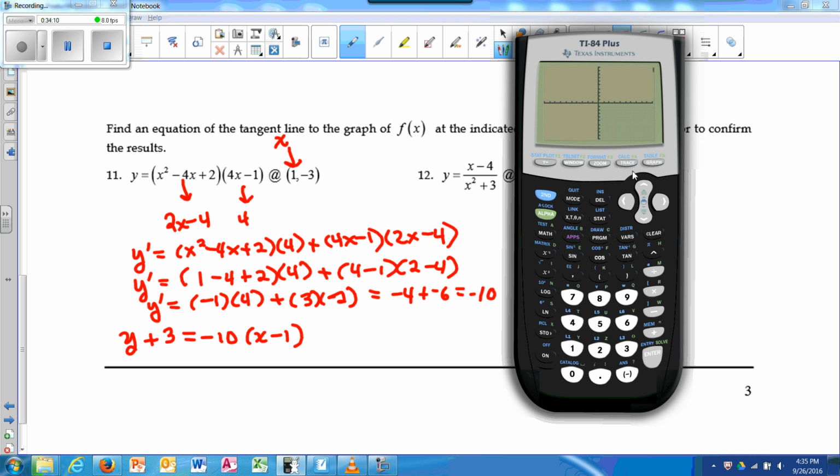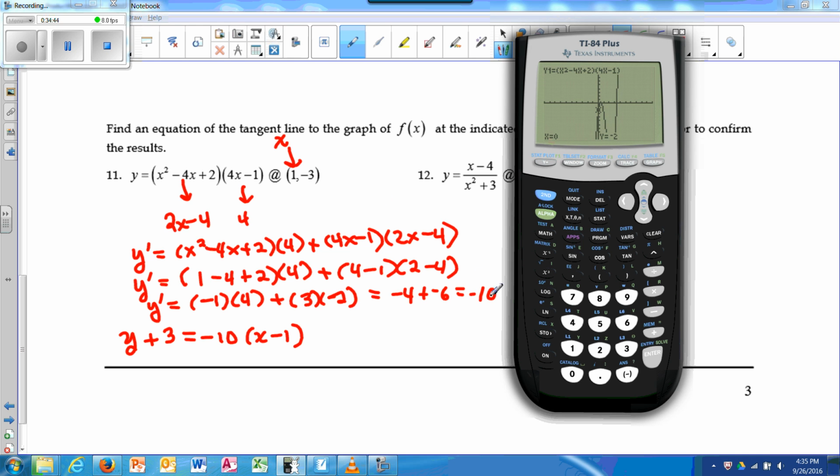So x squared minus 4x plus 2, 4x minus 1. So notice I've typed exactly what was on my paper. I then need to graph, and I should see a cubic function because our powers overall were cubic, and 1, negative 3. I'm then going to choose to draw.